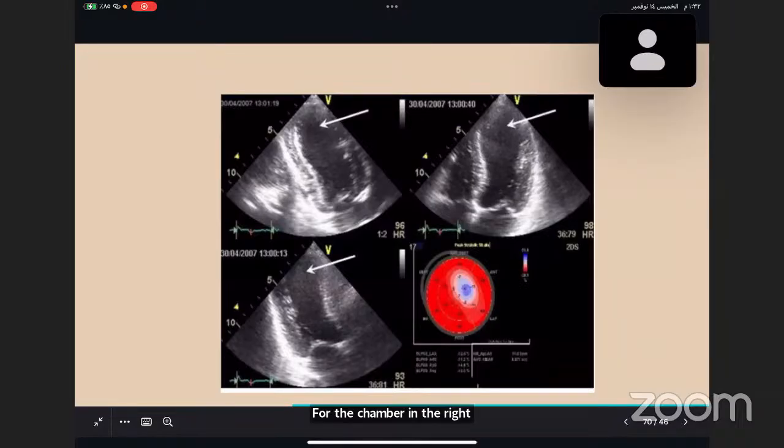In the blue and pink color, this means reduced myocardial contraction, with the region of myocardial infarction clearly visible here.